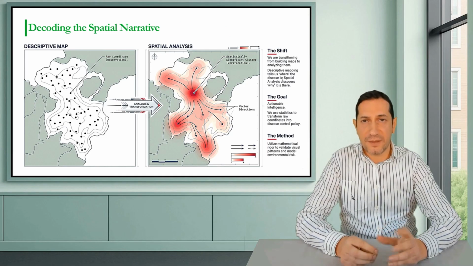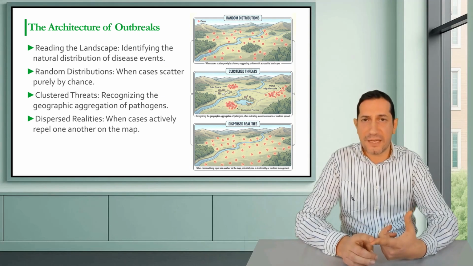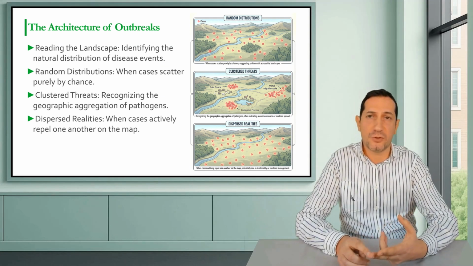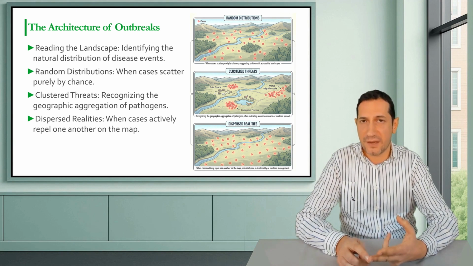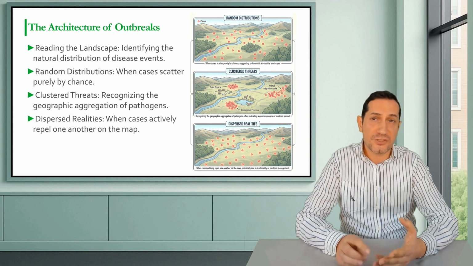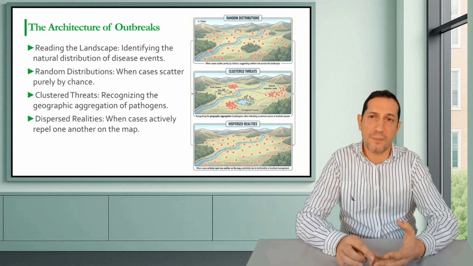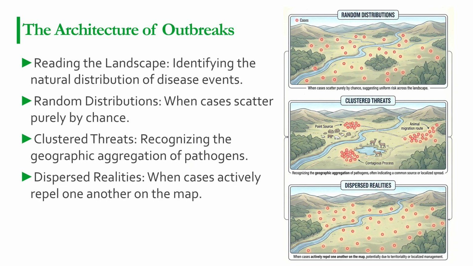Let us begin with the basic spatial distributions seen in veterinary practice. Before we apply complex mathematics, we must understand the basic spatial distributions seen in nature. When we map an outbreak, we are plotting a series of disease events, and the first step is to describe how they are arranged in space. A random distribution would mean the underlying risk is uniform across the landscape.